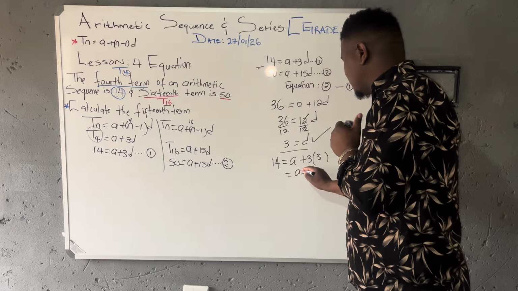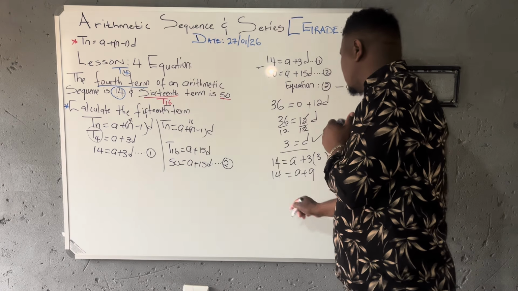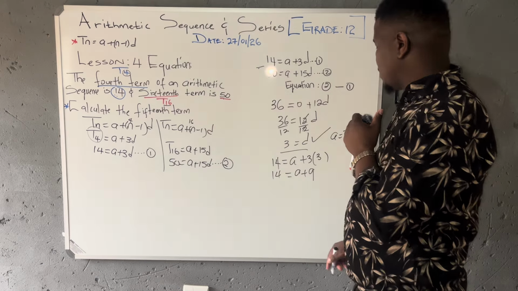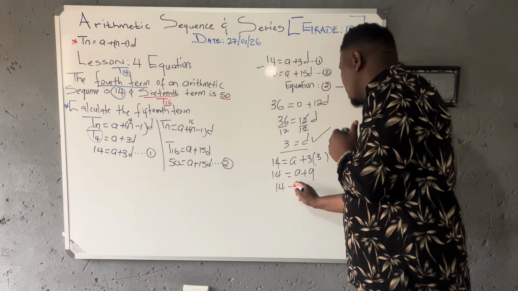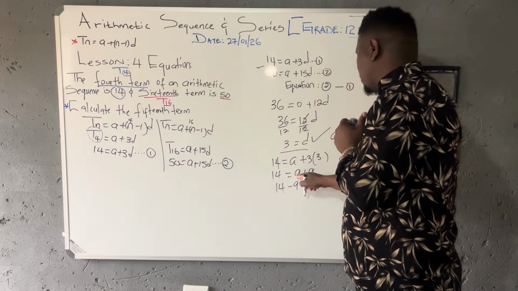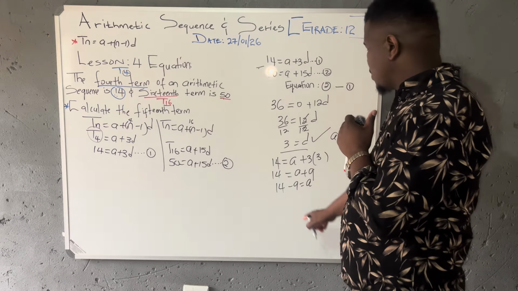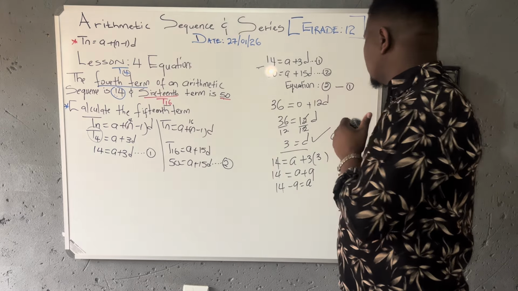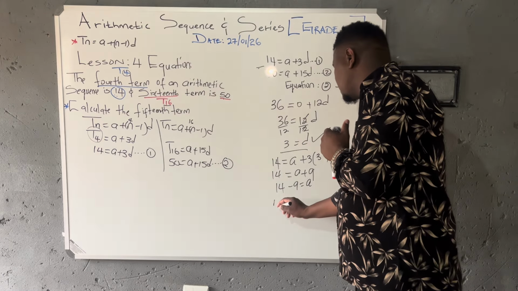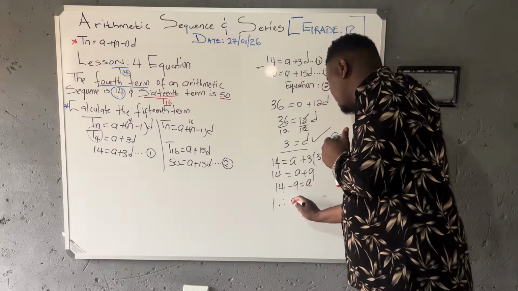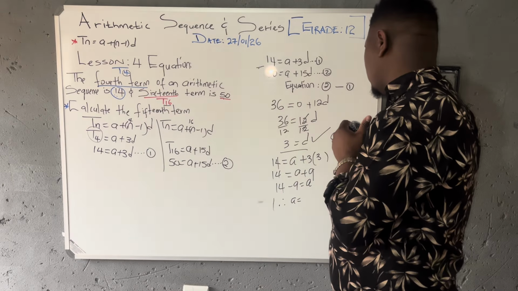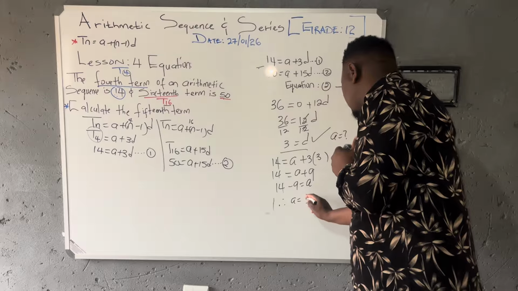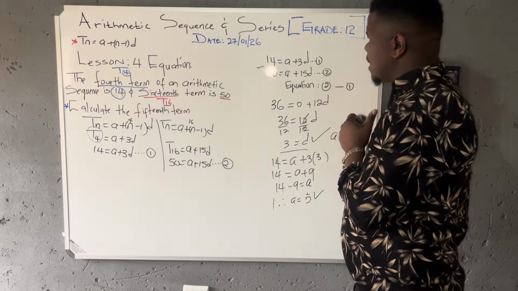Let's differentiate that. This is A, this is 9. So this is a way of getting the A value by transposing 9 to the other side. Then we are left with A. Now, when you say 14 minus 9, definitely the answer will be 5. Therefore, A equals 5.